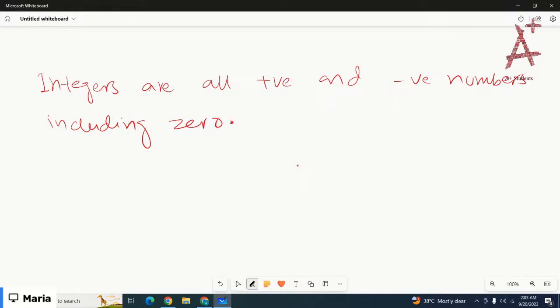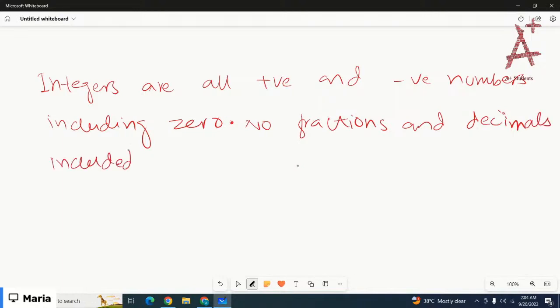No fractions and decimal parts allowed. That means fractions and decimals are not part of integers. That is the definition of the integers.